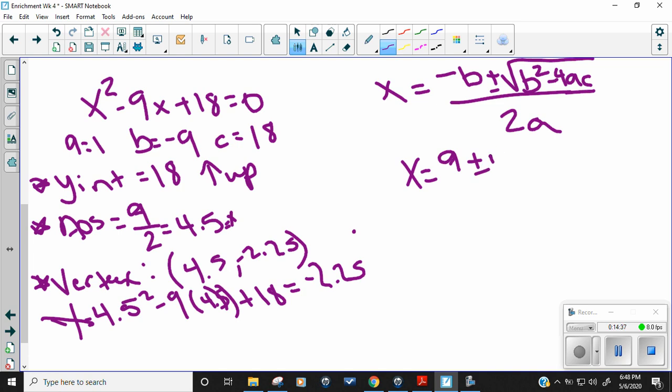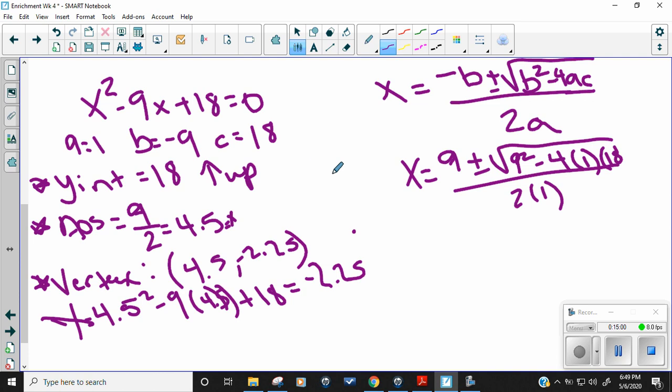Then you do plus or minus square root of b squared. So I'm going to say 9 squared because negative 9 squared and 9 squared are the same. 4 times 1 for A times 18 for C, all over 2A. 2 times 1.